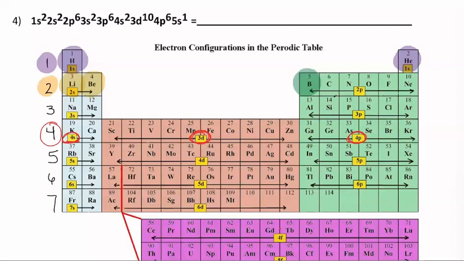What is the element on number 4? How many electrons do we have there? 37. Excellent, Gina. So what element are we talking about? Thank you, Gia. Exactly, rubidium.